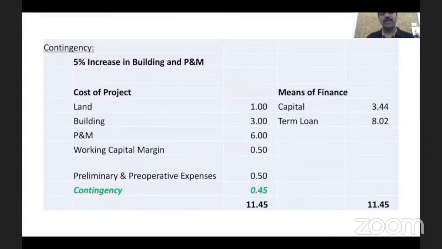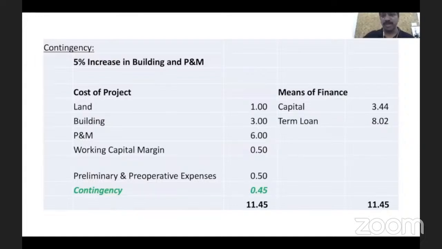So because of this, the implementation period will get elongated, and as a result, the cost we have estimated will also go up. Several factors are there, mostly beyond our control. And look at plant and machinery also. Plant and machinery, 6 crore. Generally they will give a pro forma invoice, and that pro forma invoice will be valid only for a certain number of days, let's say 60 days or 90 days.